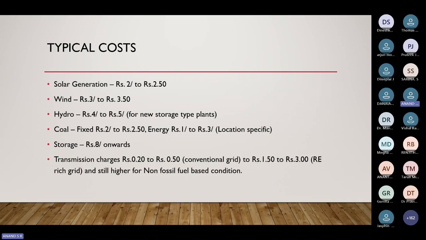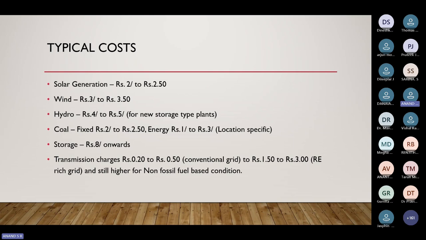So the payment is also with respect to that. Fixed cost could be 2 to 2.5 rupees per unit, which is the compensation for the capex. And the energy charge could be rupees 1 to rupees 3. So that will be location specific. If it is a pithead station right above the coal pit, then it could be as low as rupees 1.